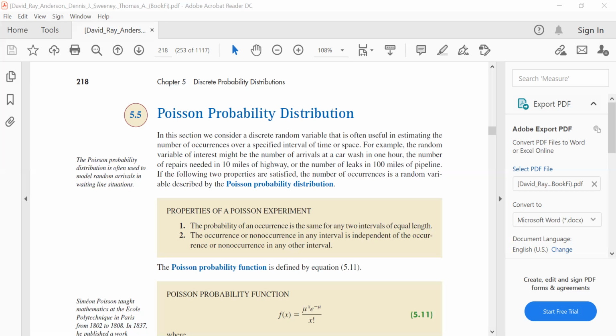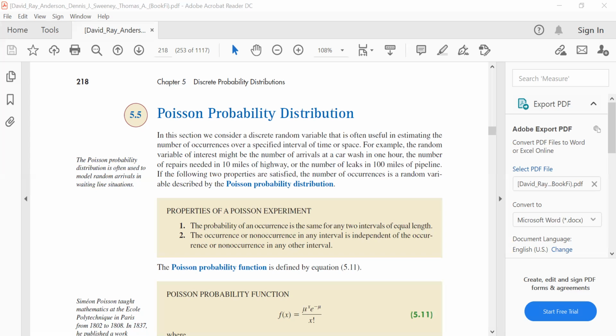The third example is to consider the number of defects in a 5-foot long iron rod. The interval in this example is a space interval, that is 5 feet.